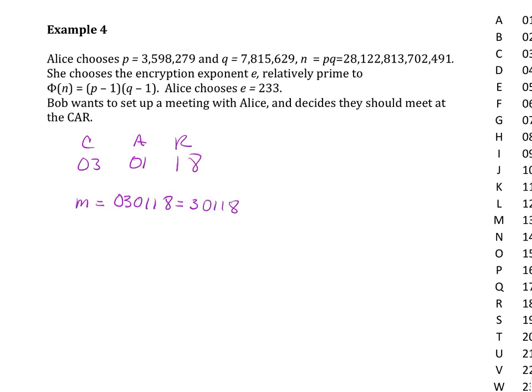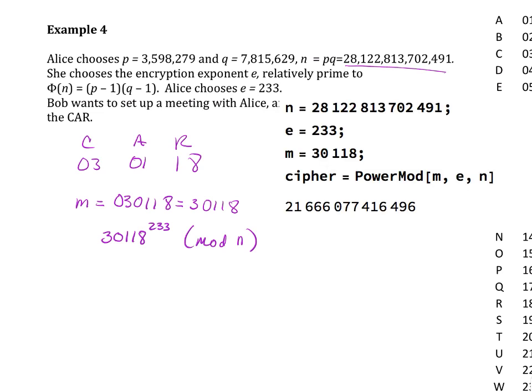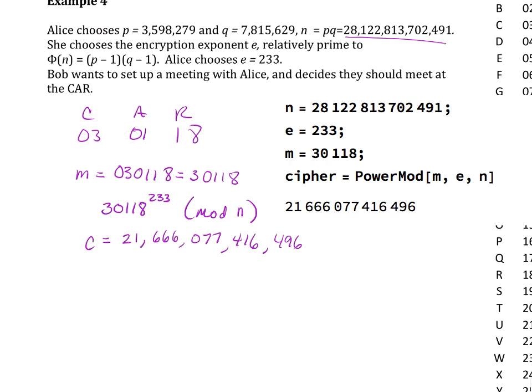So the message becomes 030118, and we take that message to the 233rd power, mod N, where N is this nice big number up here. That we're definitely going to need our PowerMod for. And that gives us our ciphertext. So that is the message that is sent.